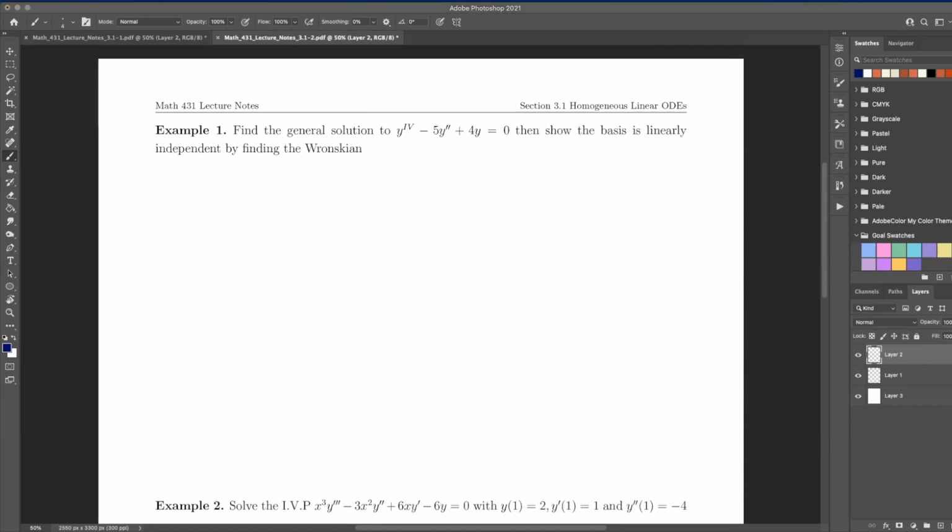All right. So find the general solution of this mess. And I'm just so old school. I write Roman numerals. Do you guys know that means derivatives? So if you see something like y to the VII, that's the 7th derivative.